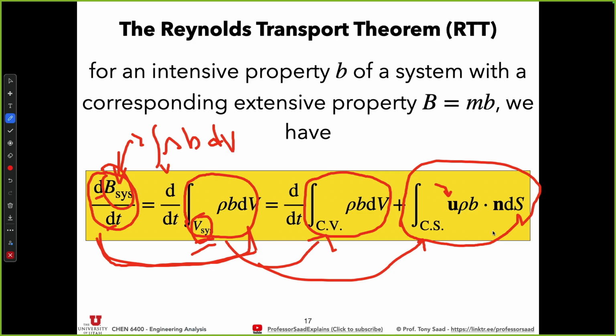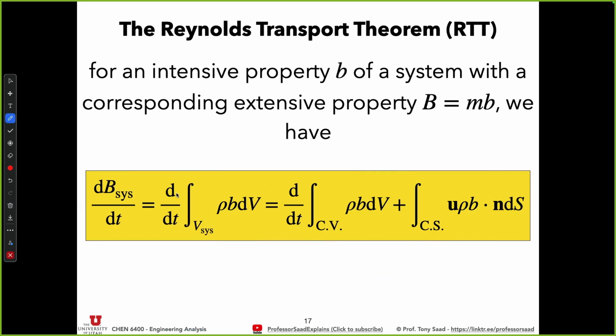And think about it, this makes sense, because as fluid elements come and leave, they bring stuff and take stuff out with them. So that second integral is accounting for what it's bringing in and what it's taking out. Okay? So that's the primary form of the Reynolds Transport Theorem.